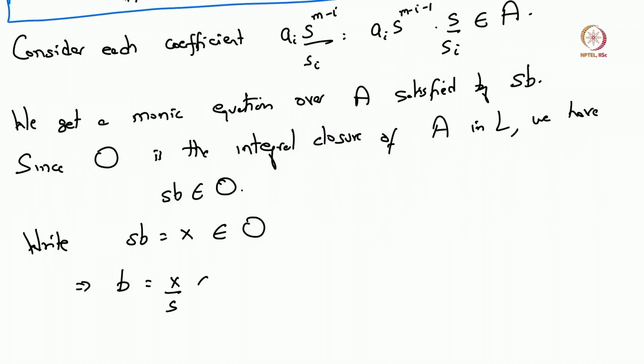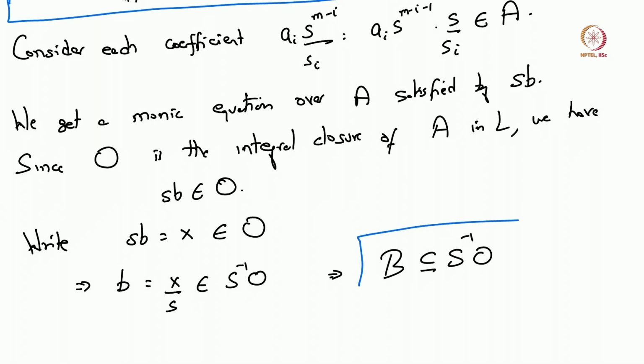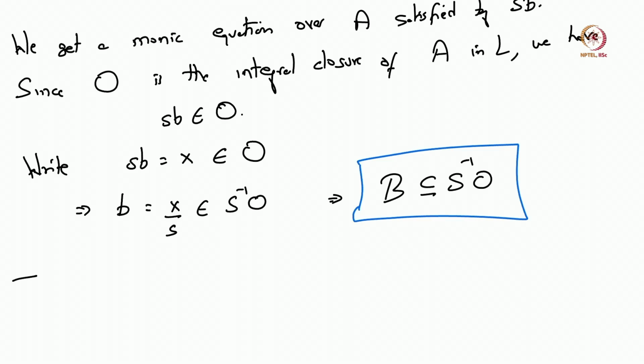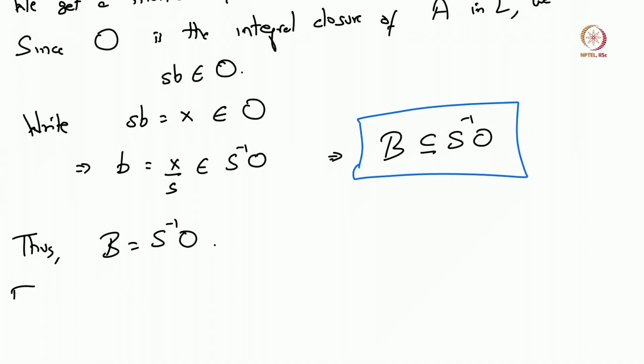And so this has to belong to the localization with respect to S of O. And so every arbitrary element of B lies in this localization. So we prove the reverse inclusion that B sits inside S inverse O. So we got both inclusions, and so we have that B equals S inverse O, and this completes the proof of the lemma.